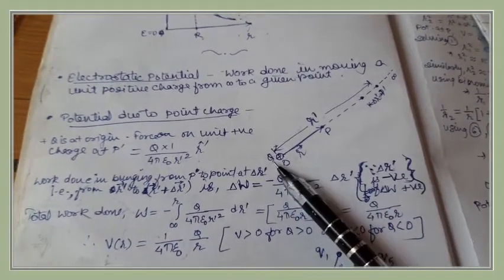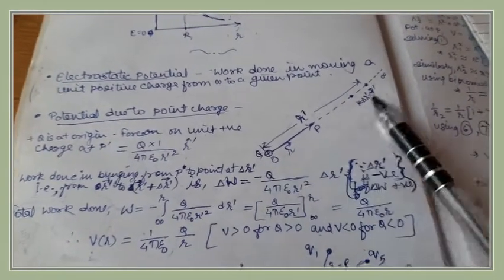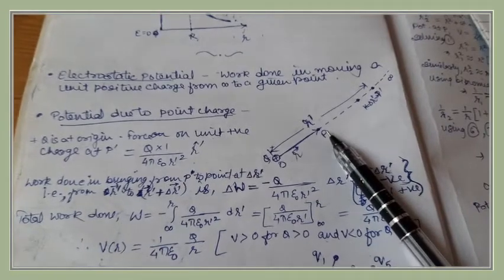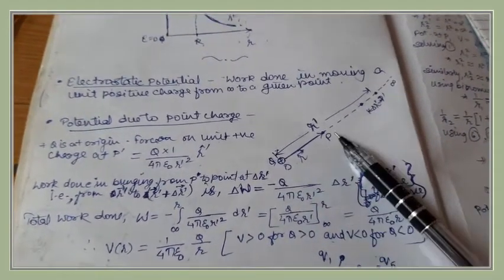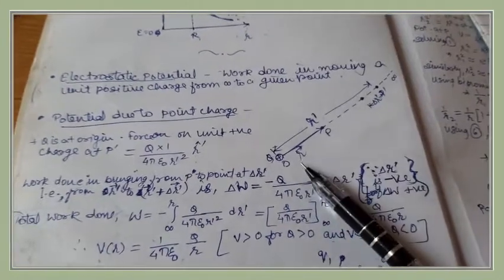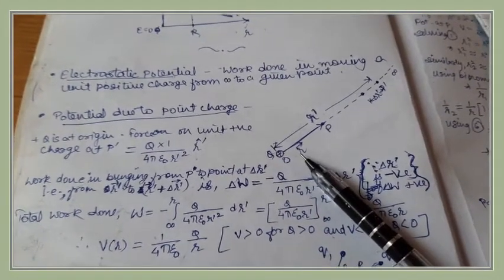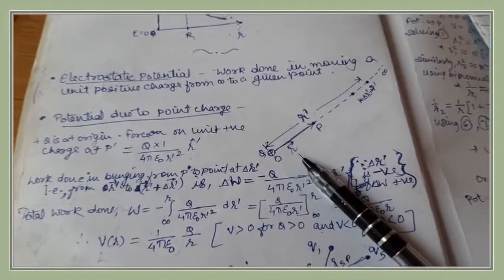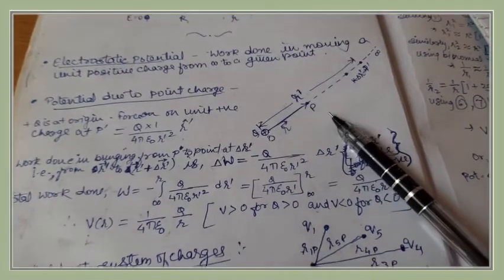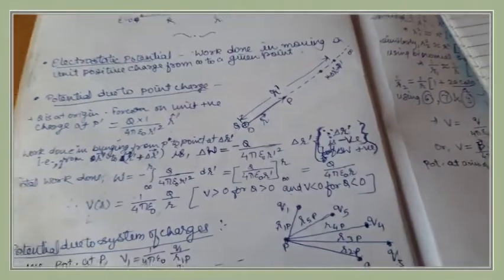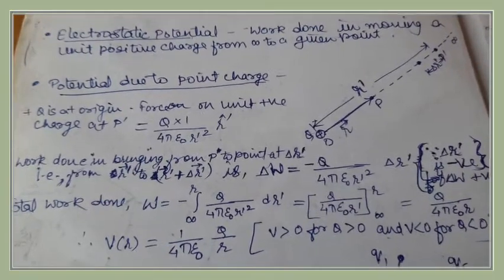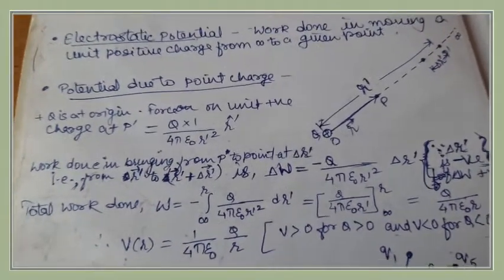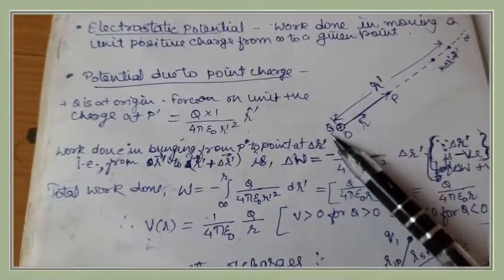So in the presence of the electric field of positive charge q, you are bringing a unit positive charge to point P near it. Then there will be a repulsive force on the unit positive charge due to positive charge q. So in order to overcome that repulsive force, you have to do some work, and that work done is known as electrostatic potential. So here we are finding the potential due to a point charge.